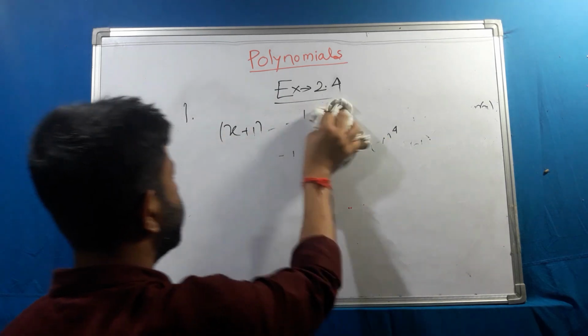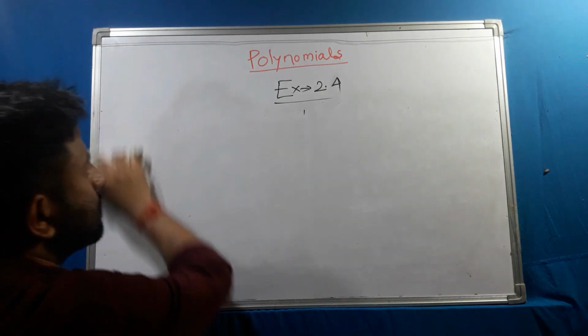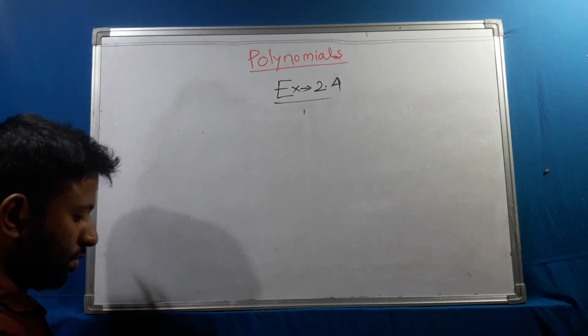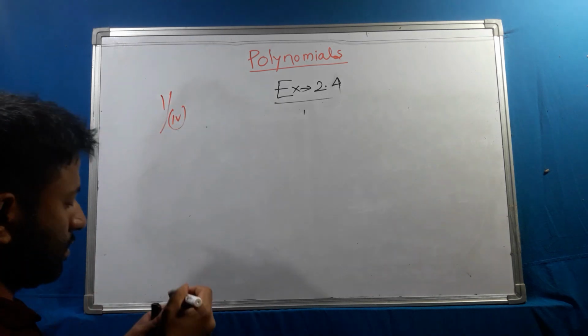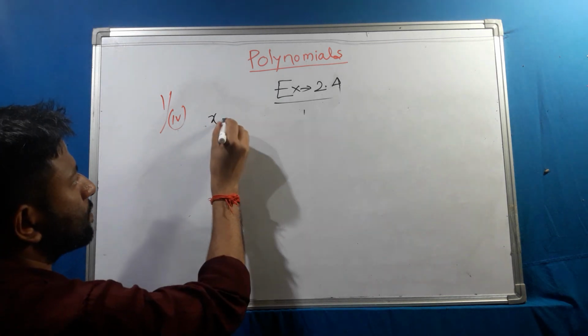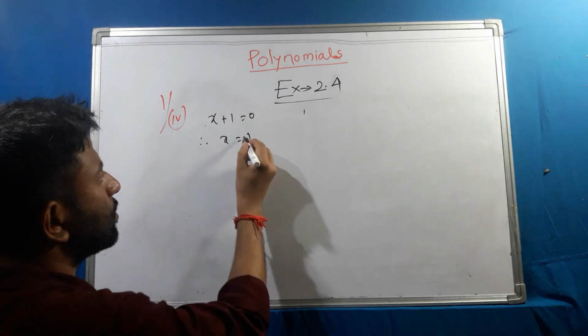We will check this one, the fourth part of question number 1. The problem is given, so I'm writing x plus 1 equal to 0, so x equal to minus 1.